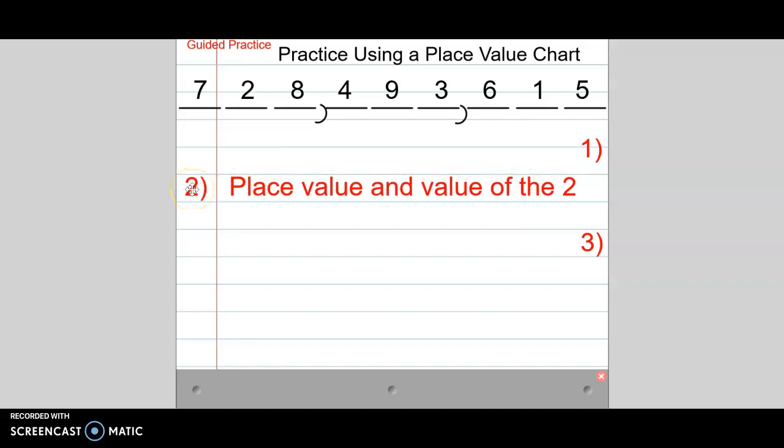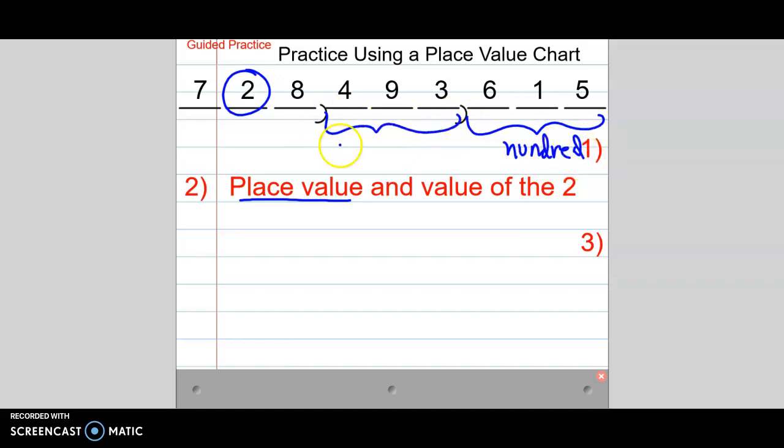We're going to look at the 2. We want the value and the place value. So I'm paying attention just to that number 2. What is the place value of that number 2? Okay, so I'm going to help myself out by understanding my periods. This is my 100 period. After my 100 is going to be my thousands period.